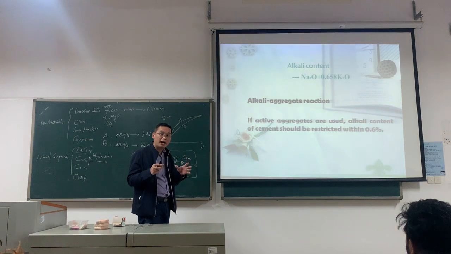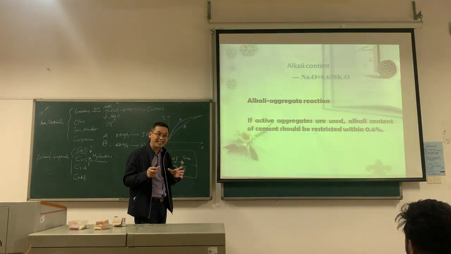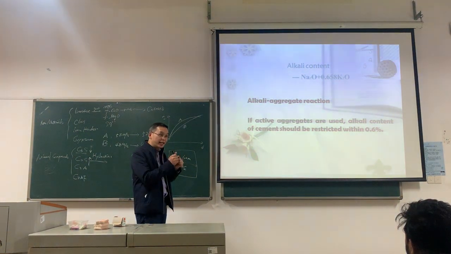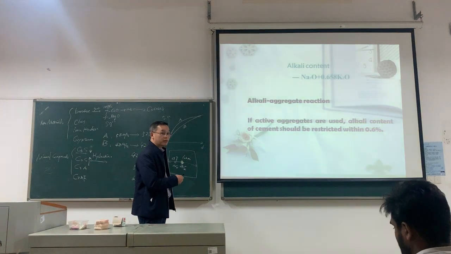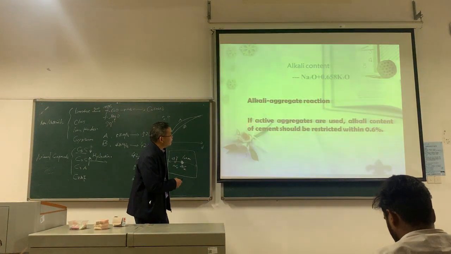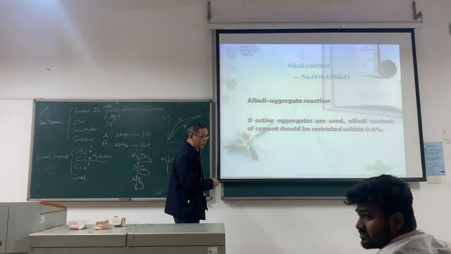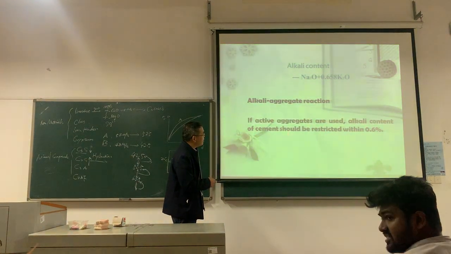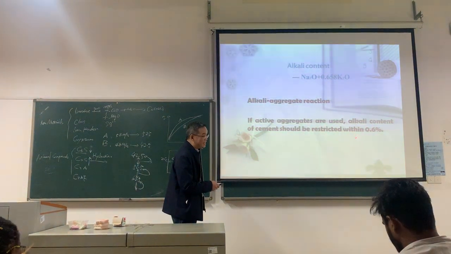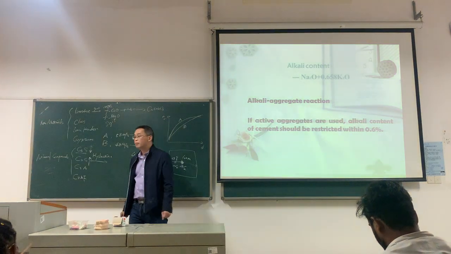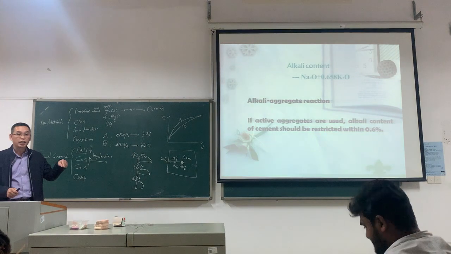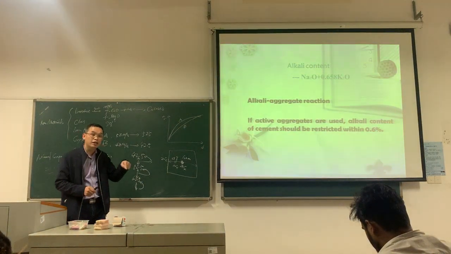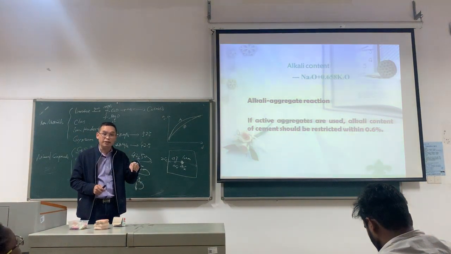There are some alkali substances in the cement. So if they contact each other, the alkali aggregate reaction will happen. So if active aggregates are used, the alkali content of the cement should be restricted within 0.6%. We need to decrease the content of alkali in the cement.